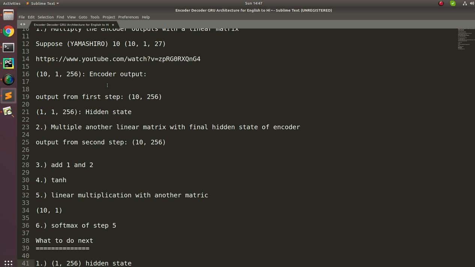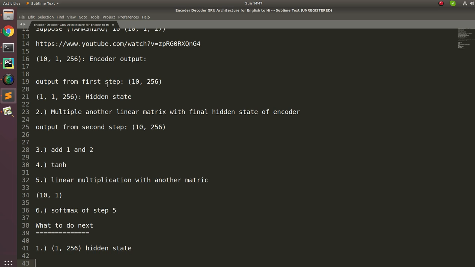Now what is the size of the decoder input? Basically it has a size equal to the vocabulary. We can't concatenate these values because the Hindi vocabulary has a size of 1 comma 129, but the other value passing through the decoder GRU cell is 1 comma 256. So we need to convert this value to 1 comma 256.